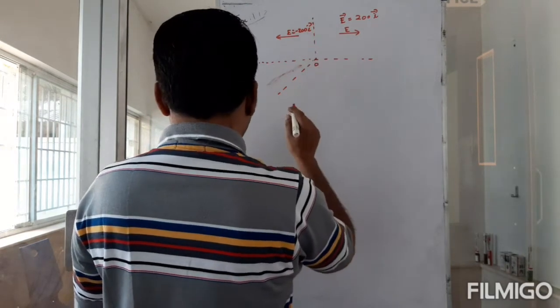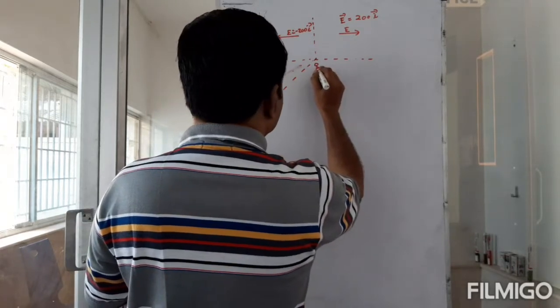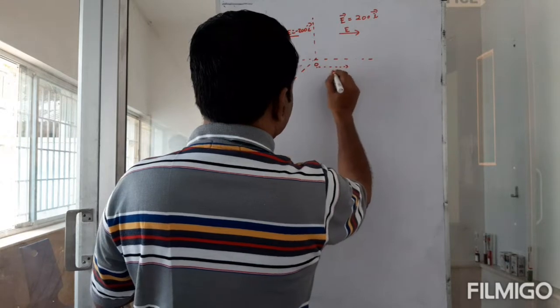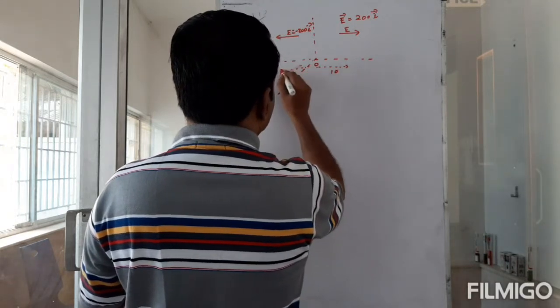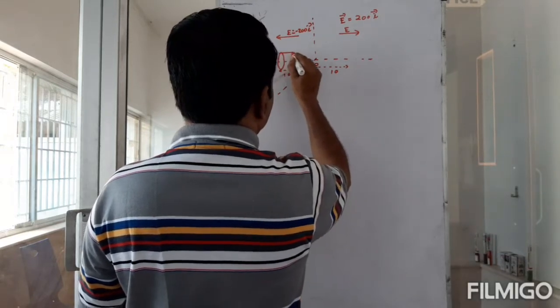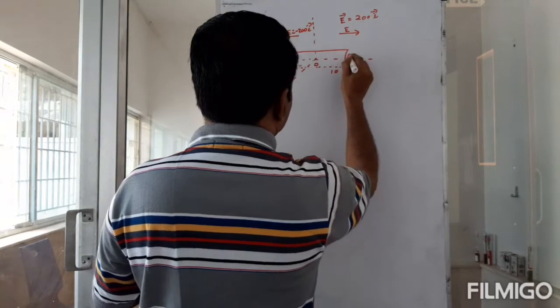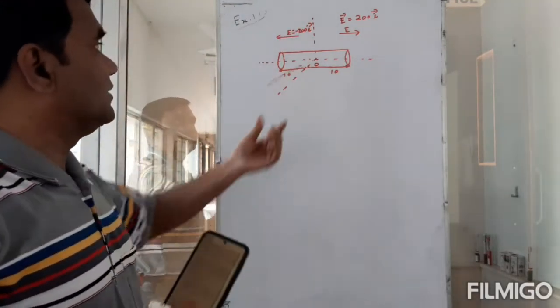But then on this side, I am going to have 10. And then on this side, I am going to have 10. So it's like this. Okay? The cylinder, something like this.